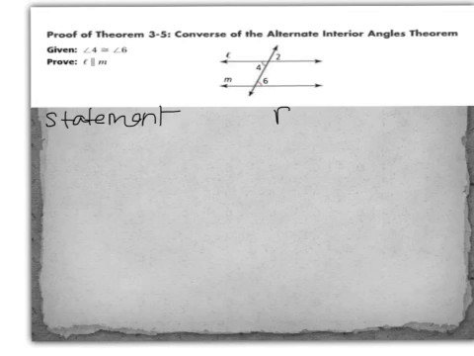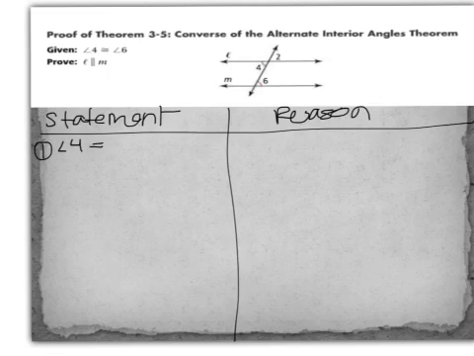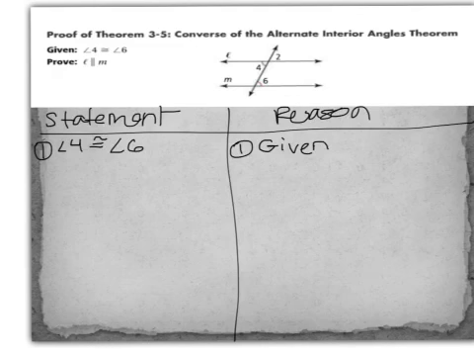The first statement is going to be the given. So angle 4 is congruent to angle 6, and that's given. Then we're going to say that angle 2 and angle 6 are corresponding angles because two lines cut by a transversal form corresponding angles.